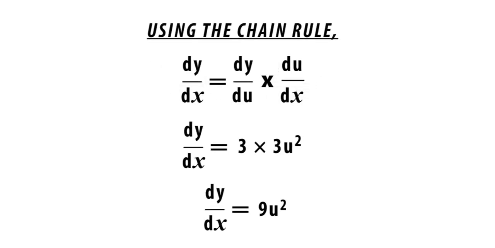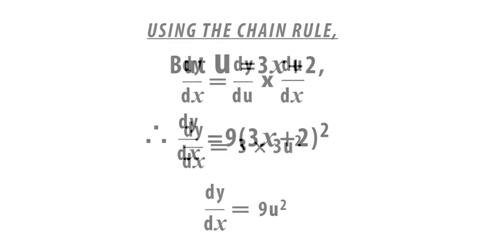Now using the chain rule, dy/dx equals dy/du multiplied by du/dx, we will have dy/dx equals 3 multiplied by 3u squared. When we simplify that, dy/dx gives us 9u squared.